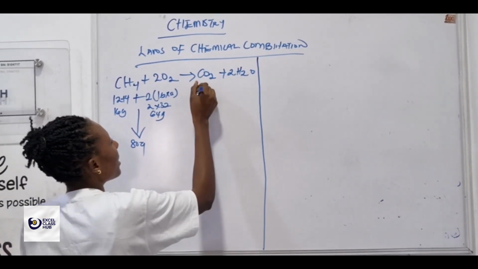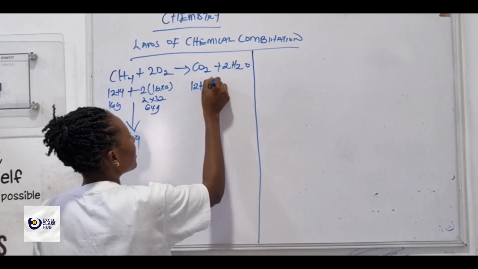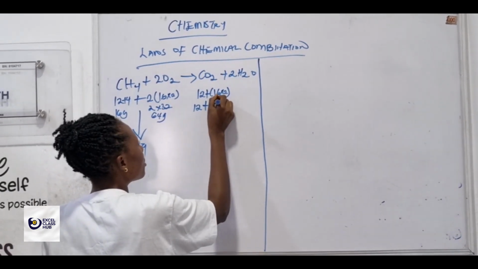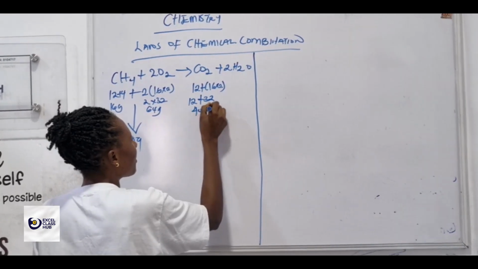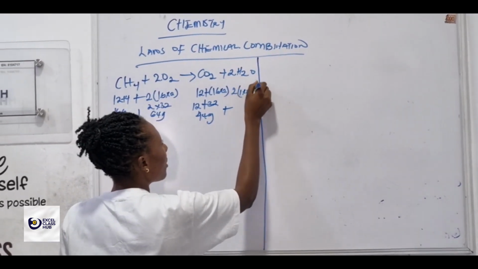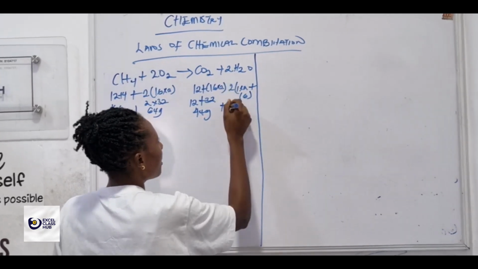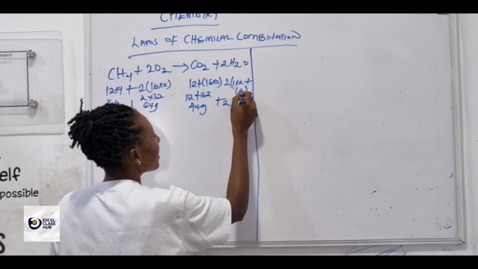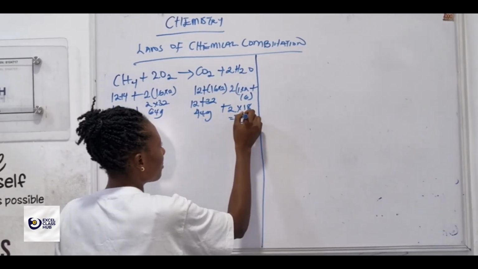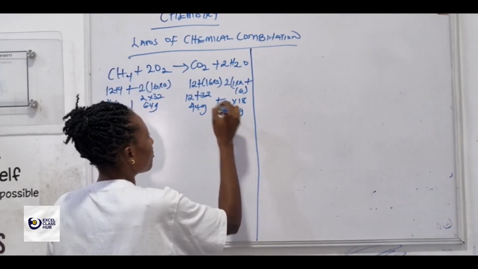And for this, we have 12 plus 16 times 2 to give us 12 plus 32 is 44 grams, plus 2 into brackets 1 times 2 plus 16 to give us 2 times 18 to give us 36 grams.